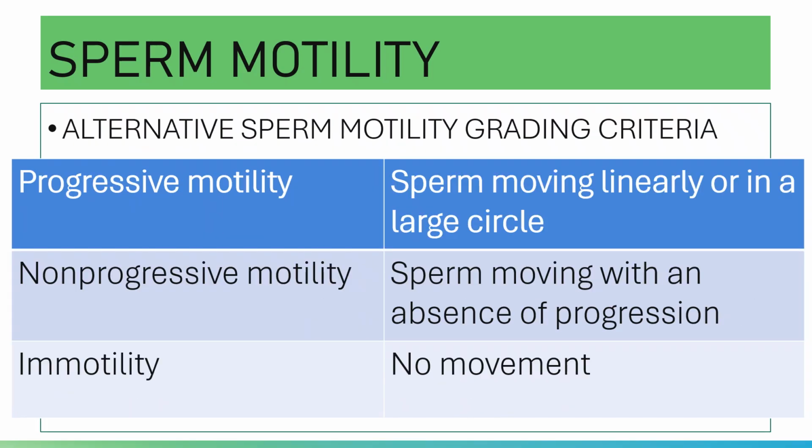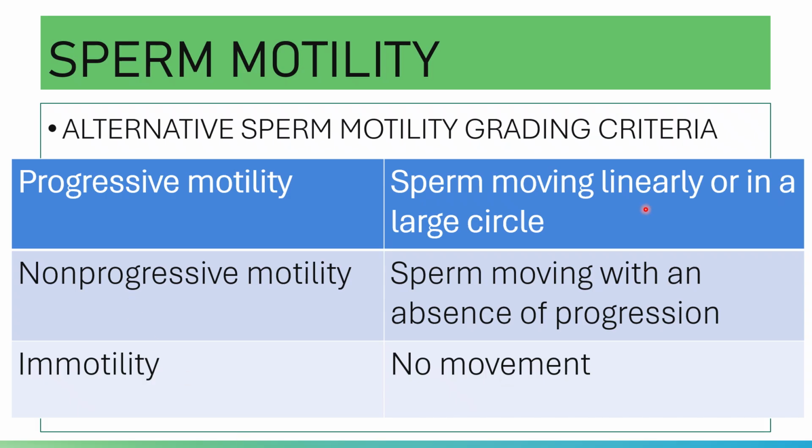That is why the WHO proposed an alternative grading criteria for sperm motility, because it is difficult for technologists to define forward progression accurately without bias.